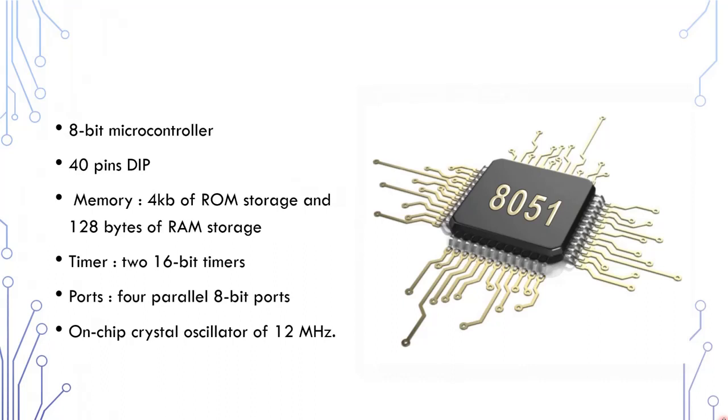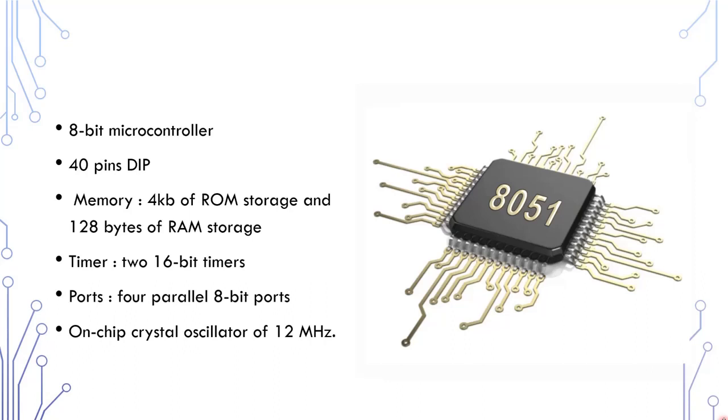The 8051 microcontroller was designed by Intel in 1981. It is an 8-bit microcontroller. It is built with a 40-pin DIP (dual inline package), 4 KB of ROM storage and 128 bytes of RAM storage.